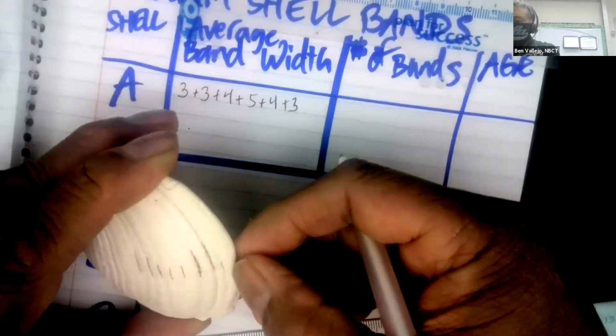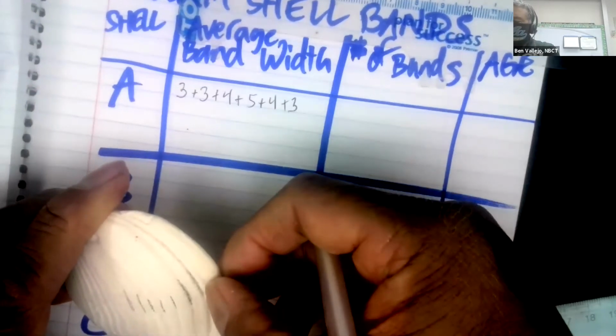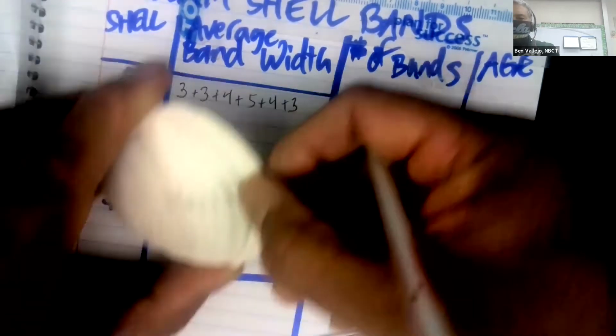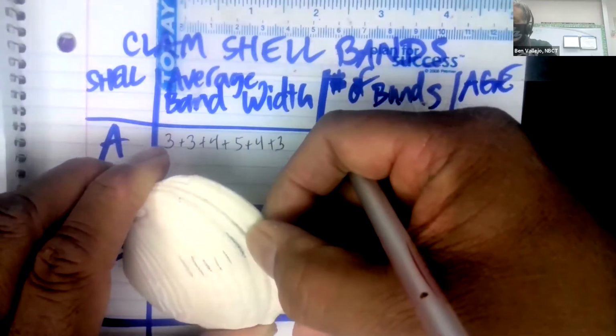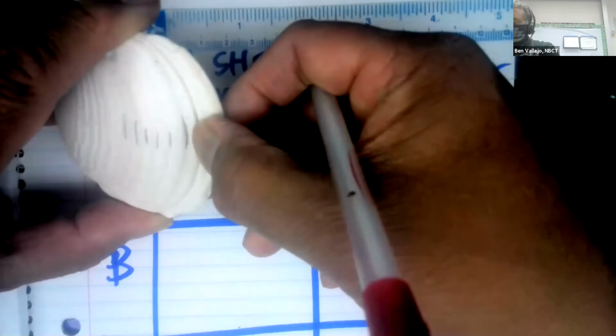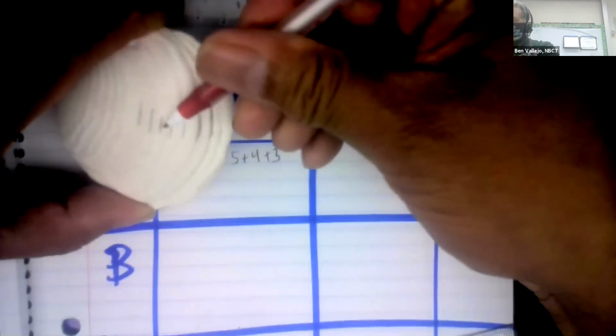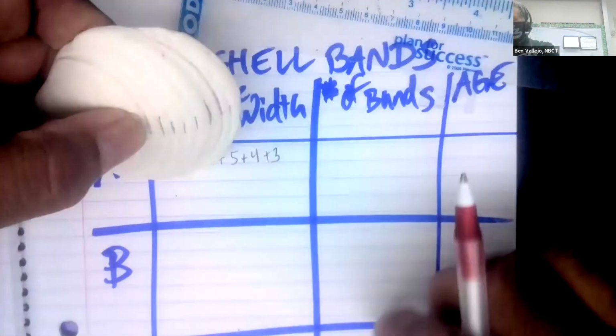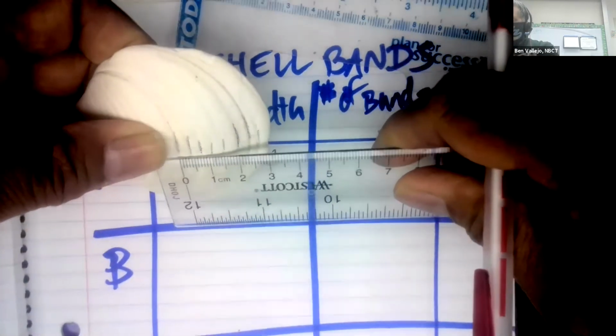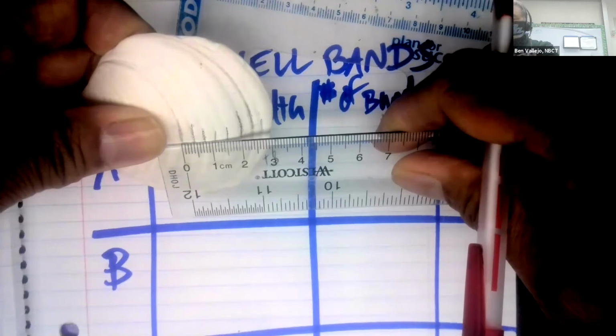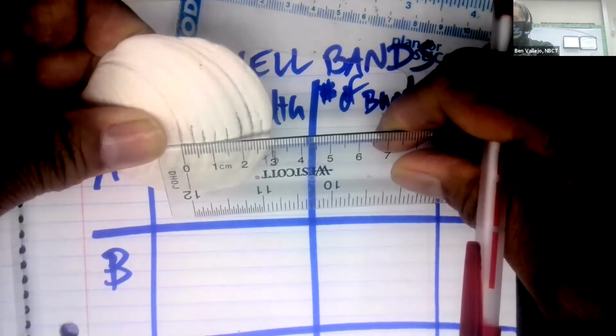Okay, so this one's our 3. This is 3. This is 4. Sorry, can't see. 4, 5. This one right here is 4. This one is 3. We're going to count a couple more there. That one looks like it's 4 to me.